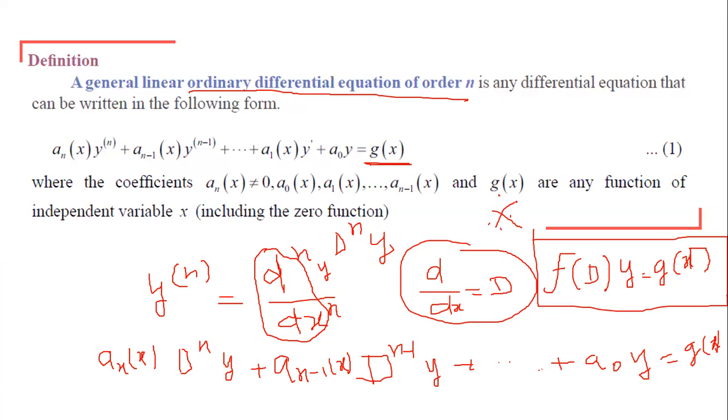One important point: here a naught, a n of x are functions of x or constants. The coefficients may be functions of x, or constants, or transcendental functions in x.